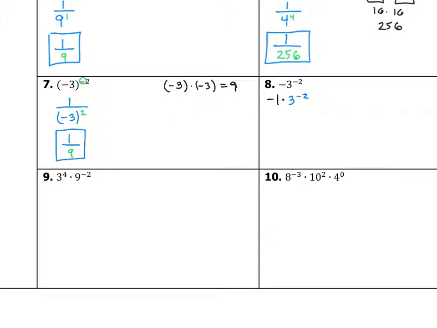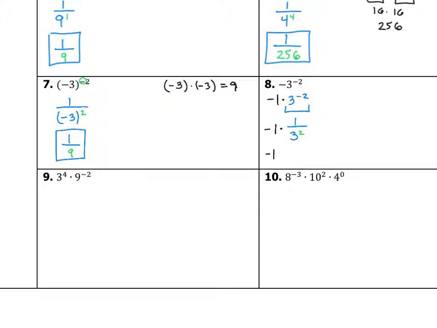And so if we remember our order of operations, we do the exponent part before we multiply. So I need to now do 3 to the negative second power, and that would be 1 over 3 to the positive second. And then I'm just going to bring down this negative 1 and the multiplication.